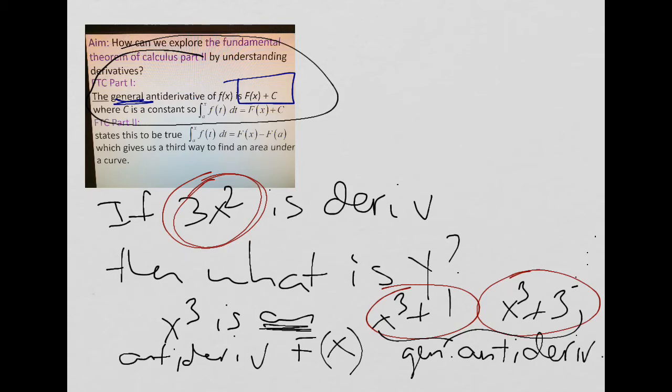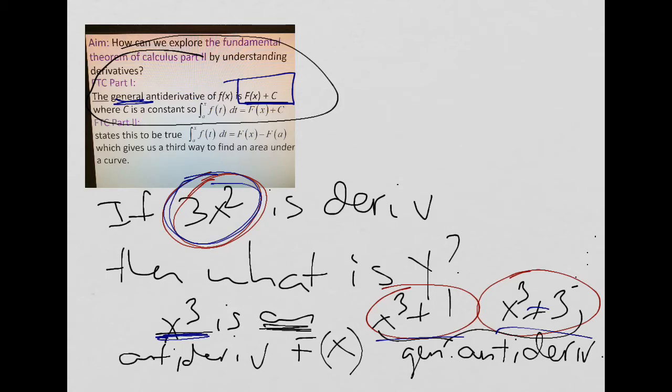There's more than just one answer that would give you 3x squared as the derivative. And that's why it's so important that you write F of x plus c, because plus c generalizes it: it could be anything. It could indeed be 0, but it could be plus 1, plus 3, minus 3, plus 1,000, minus 1,000,000, and your derivative would still be the same, it would be 3x squared.